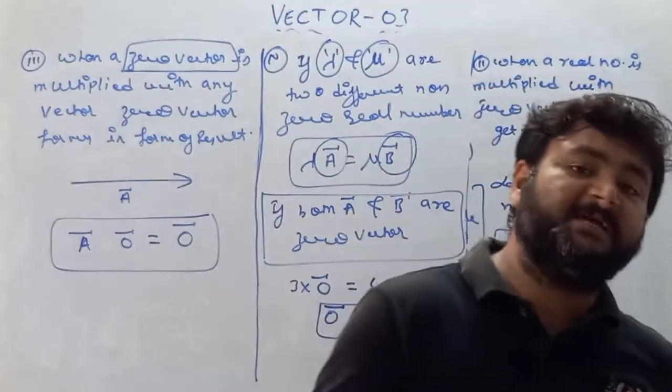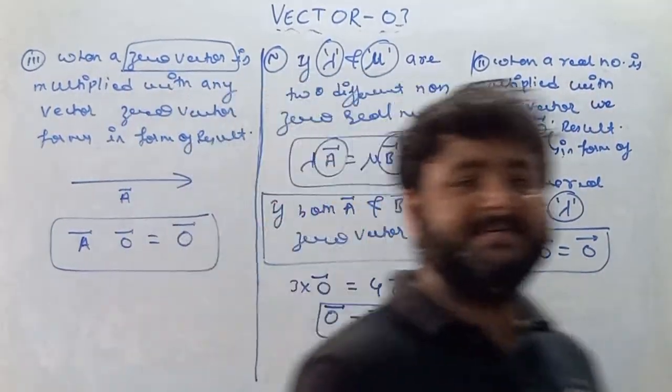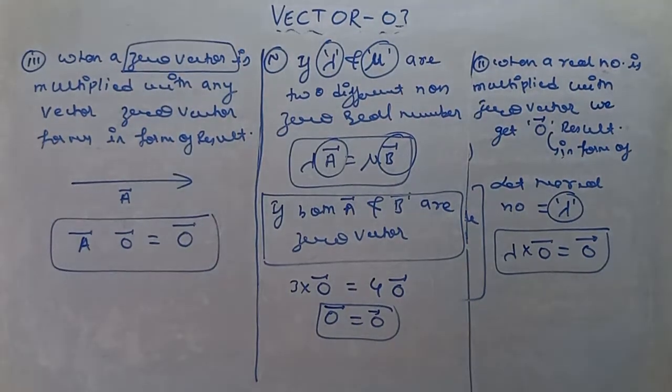So remember this thing, my dear student, if we have two non-zero different real numbers, we are taking them here as lambda and mu, then lambda a vector is equal to mu b vector, where a vector and b vector are 0 vector. Then only we will write this.